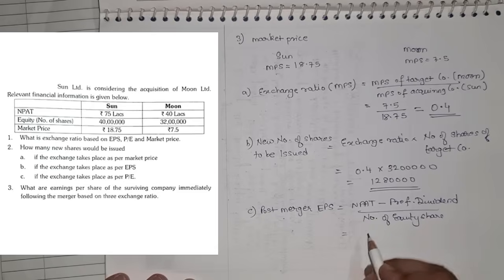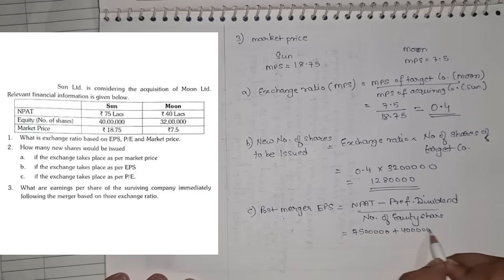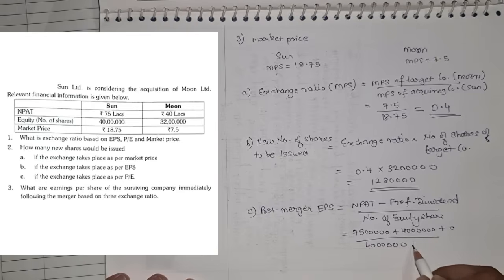Now NPAT again we add up, so it will be 75 lakhs plus 40 lakhs plus 0 upon number of equity share. Already 40 lakhs plus the new, which is 12 lakh 80,000. So you add up, you divide, and you will get the final answer as rupees 2.175 per share.